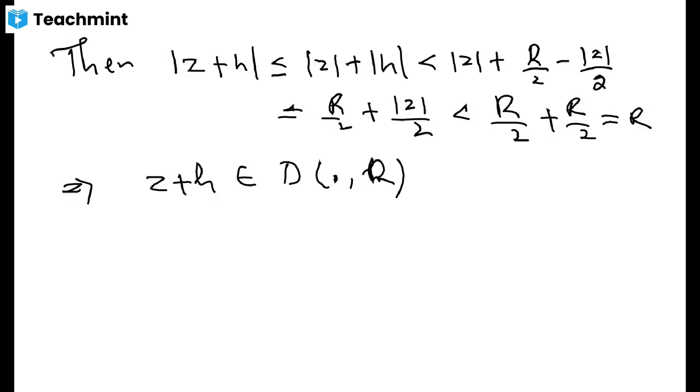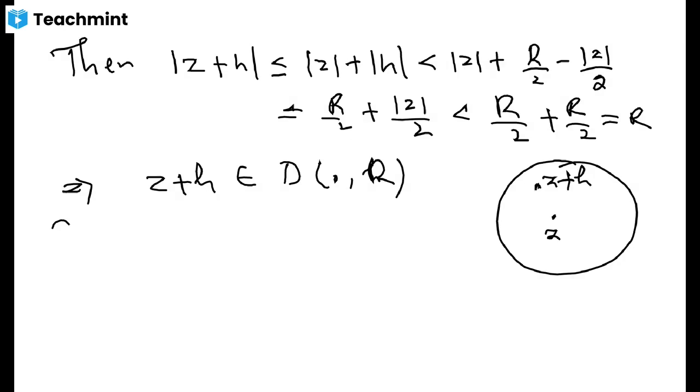This is the disk of convergence. You fix some z, and you want a complex number h such that z plus h is again in this disk of convergence. What is the benefit of having z plus h in this disk of convergence?